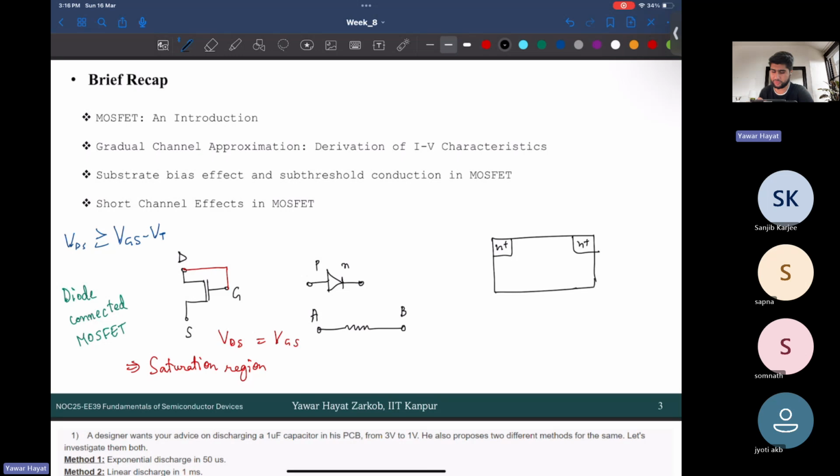Suppose this is contact A, this is contact B, and then you have the gate. This is your gate, right?